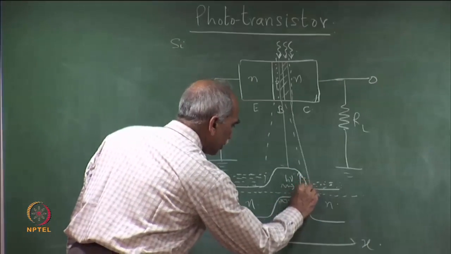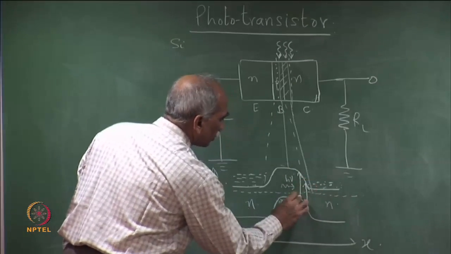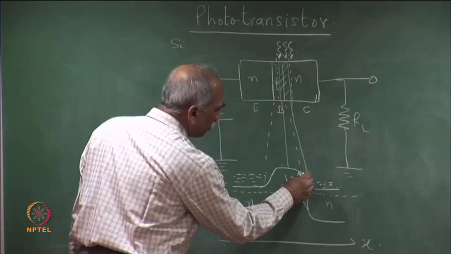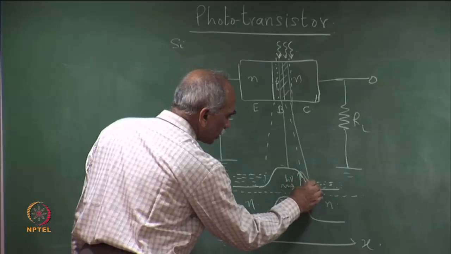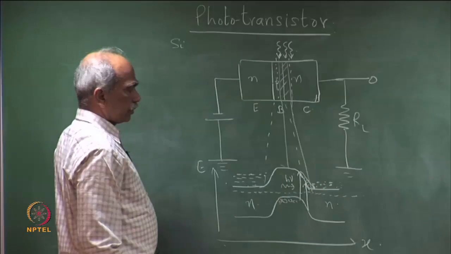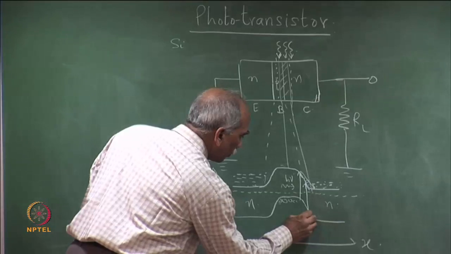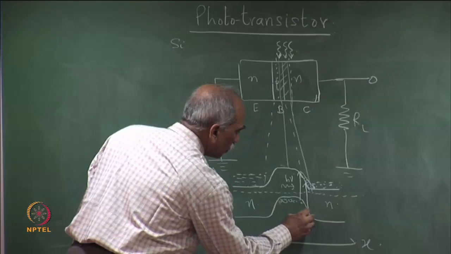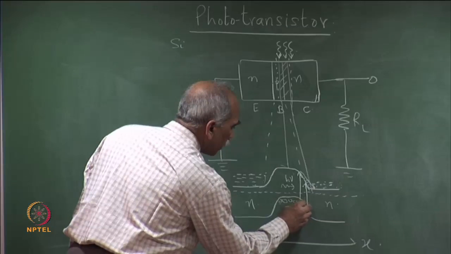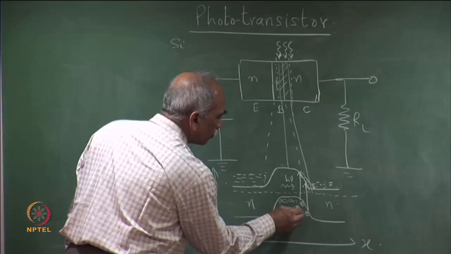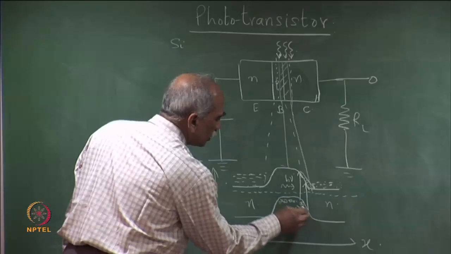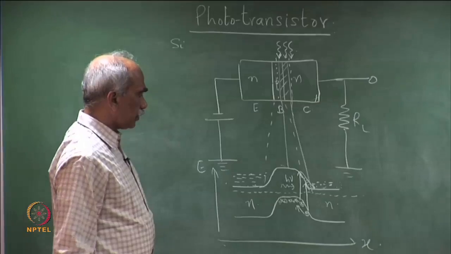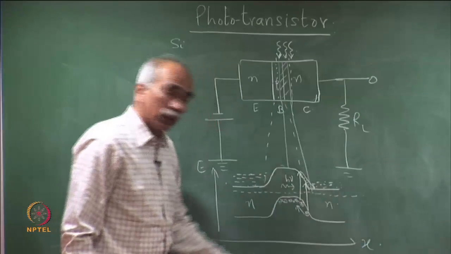In this region it creates an electron-hole pair. The electron flows down the potential slope here. The hole which is generated here moves up. So, we have more holes coming here, and an electron going there.